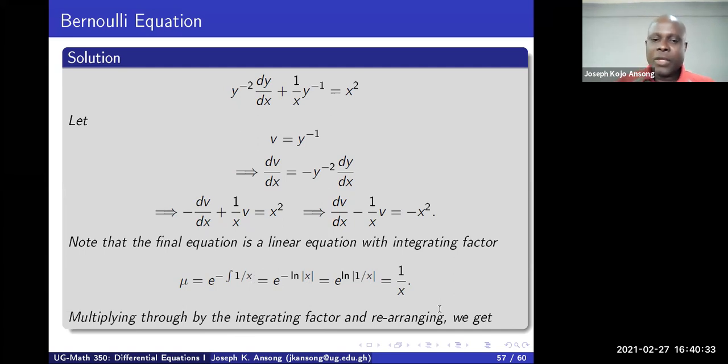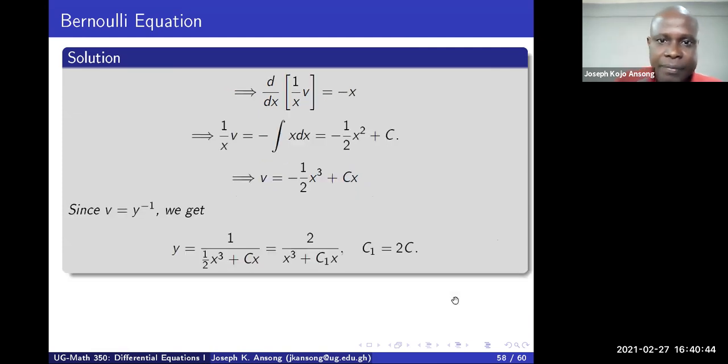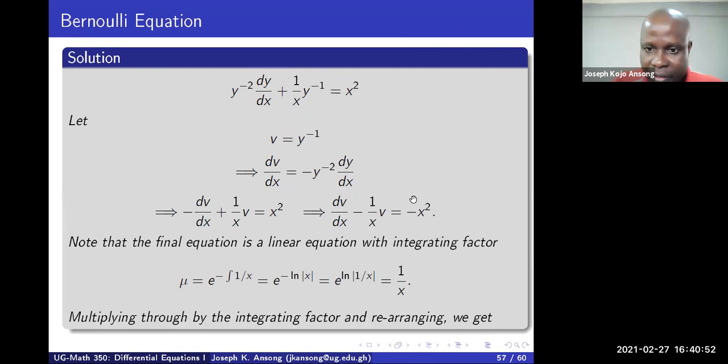Now that you have your integrating factor, if you remember the procedure for linear equations, you have to multiply this equation throughout by your integrating factor. And then you can rewrite it in the form d/dx of my integrating factor times v is equal to the right-hand side. The right-hand side is negative x squared, but if I multiply through by 1 over x, I'm left with negative x.